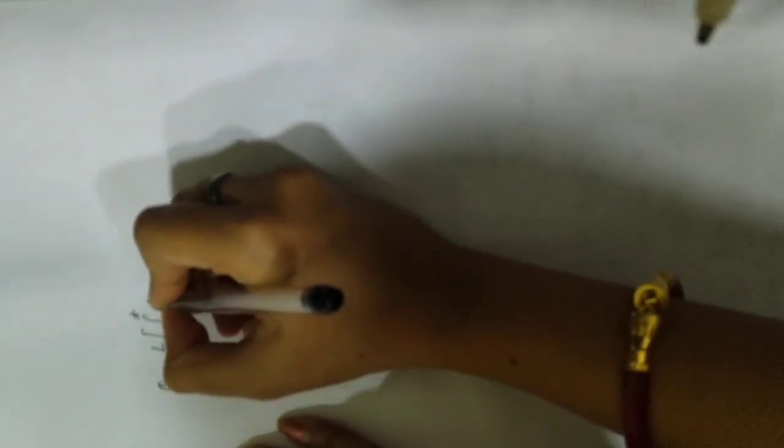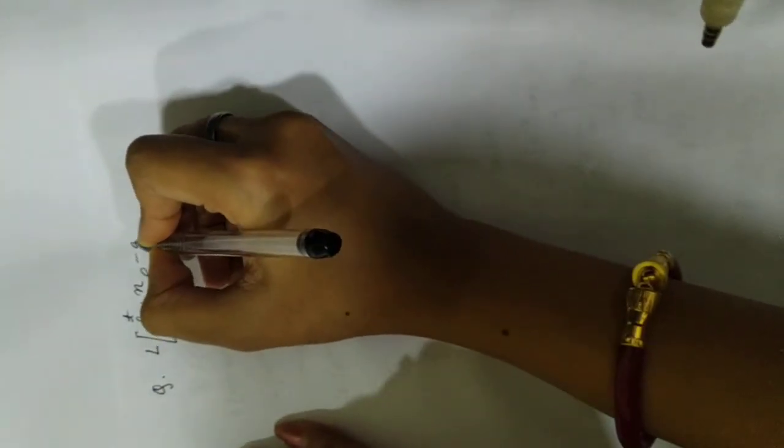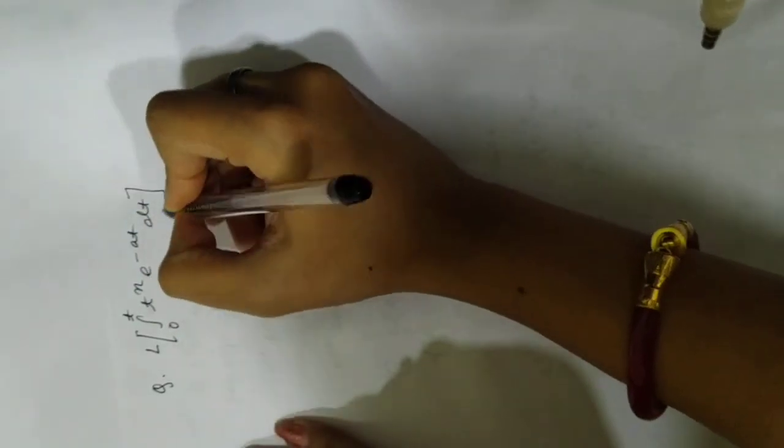Okay, so now the question that we are going to solve is, find the Laplace transform of the integral from 0 to t of t to the power n e to the power minus a t dt, right? If you are asked to find the Laplace transform of this integral, so obviously we have to use the formula that we have just derived, that is the Laplace transform of the integral of the function.